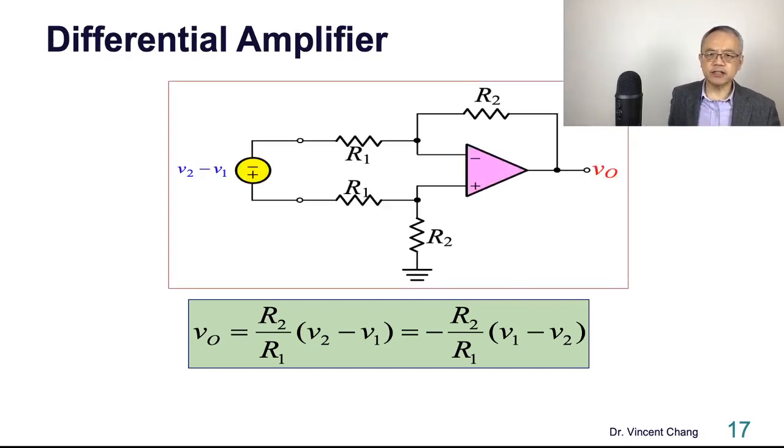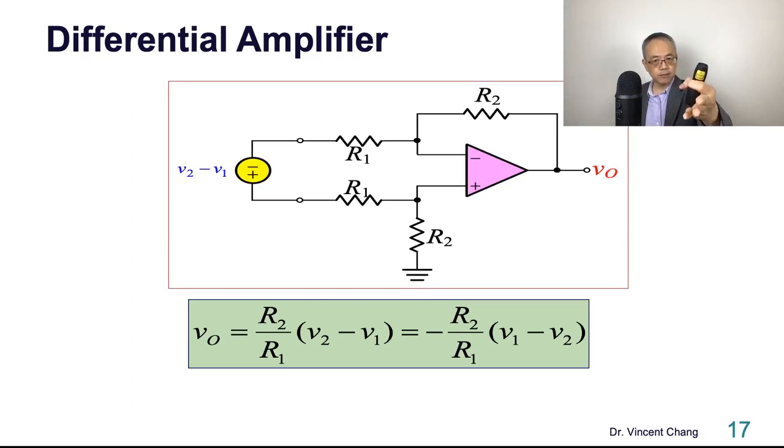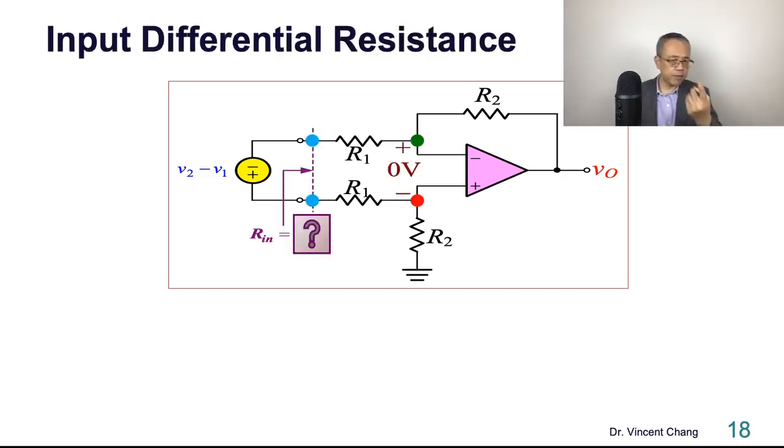Let's see another characteristic. So see this slide. Now it's the ratio, right? R3 equals R1. R4 equals R2. So R2 over R1 equals R4 over R3. So it's the differential amplifier. So let me ask you this. What about the input differential resistance?